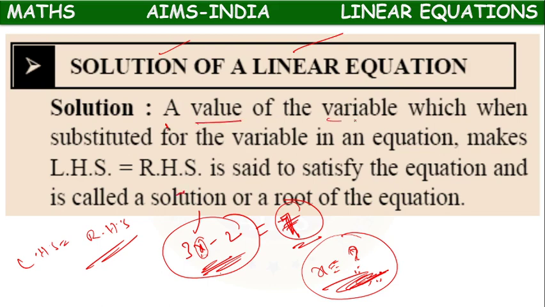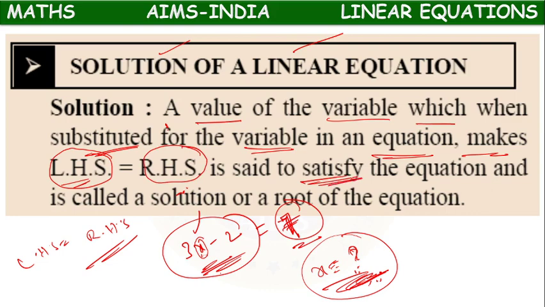a value of the variable which, when substituted for the variable in an equation, makes LHS, means left hand side value, equal to RHS, right hand side value. Our equation is said to be satisfied.